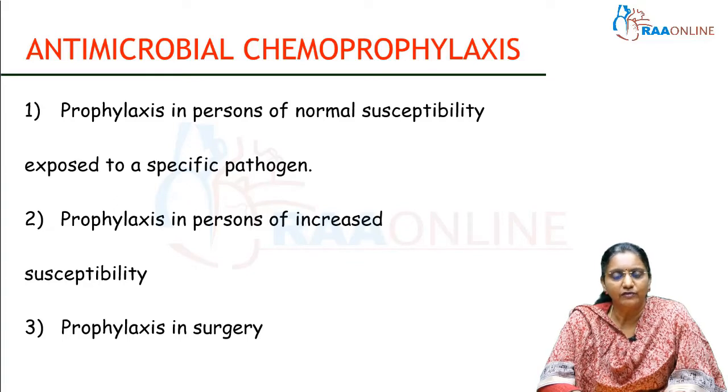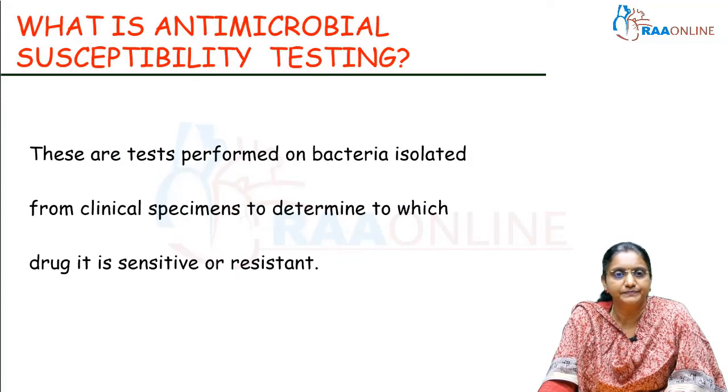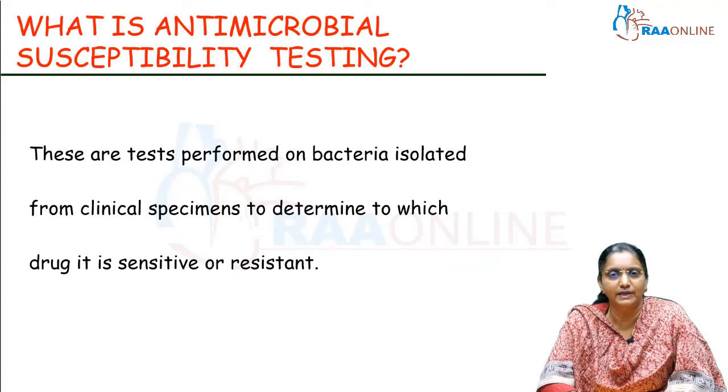You give antibiotic prophylaxis in people who have an increased susceptibility to infection, for example, they may be immunocompromised, so you give them antibiotics to prevent them from getting an infection. And of course, antibiotic prophylaxis in surgery. Usually we give antibiotics prior to surgery so that the person does not develop any infections after the surgical procedure.